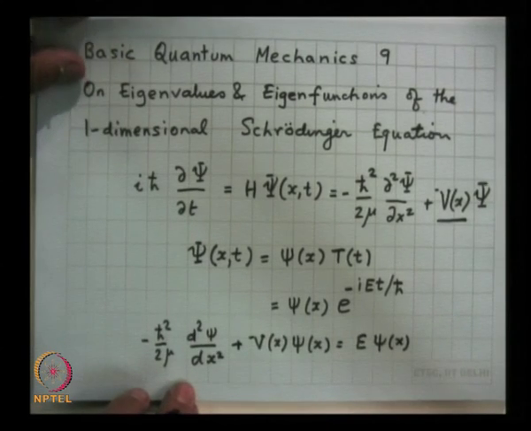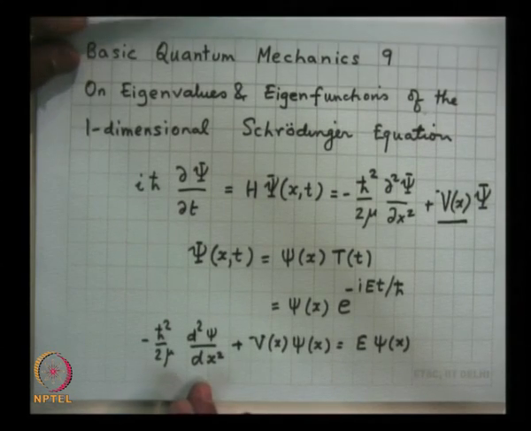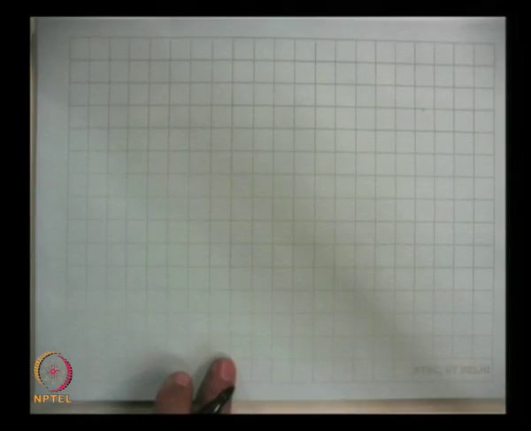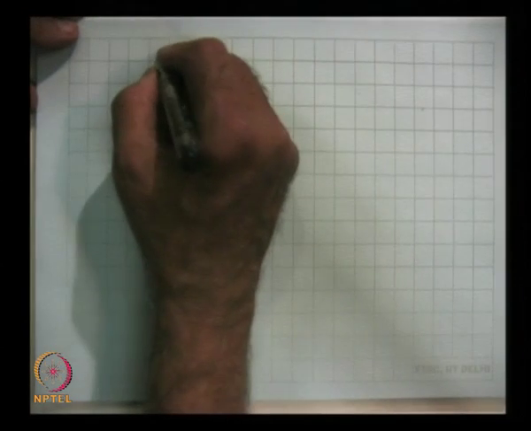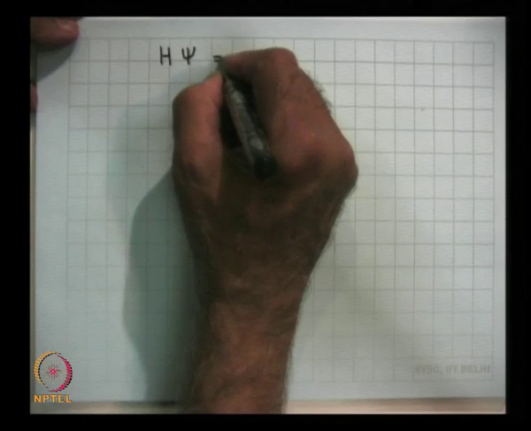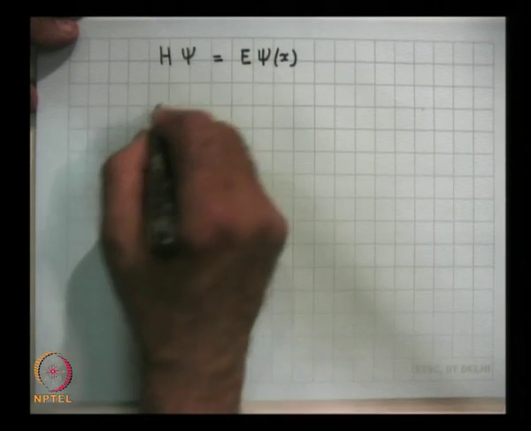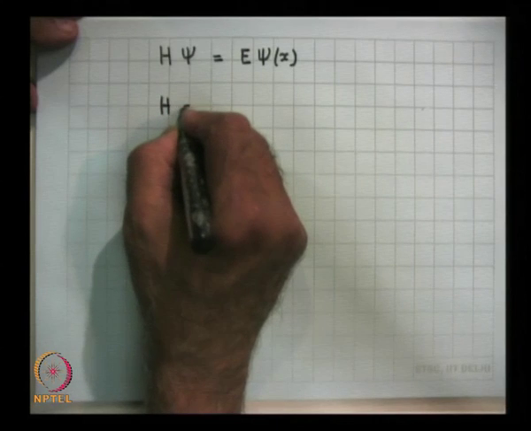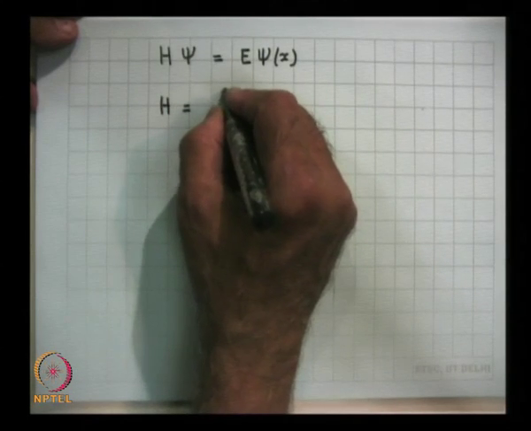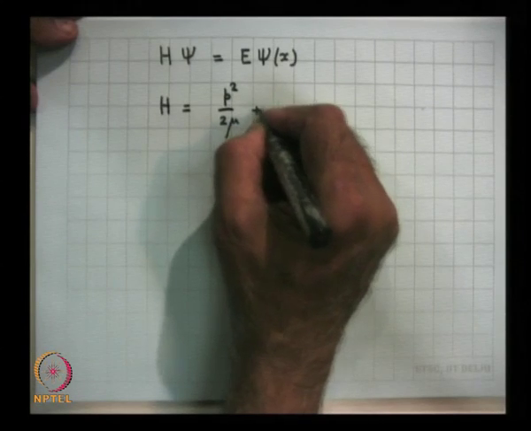So, this equation is actually an eigenvalue equation, because we can write this equation in the following form, that H psi is equal to E psi, where H is the Hamiltonian operator, which is the kinetic energy p square by 2 mu plus V of x.